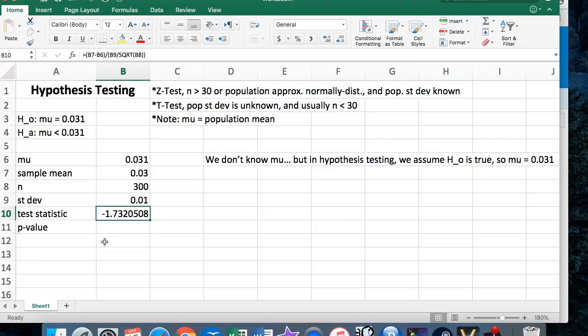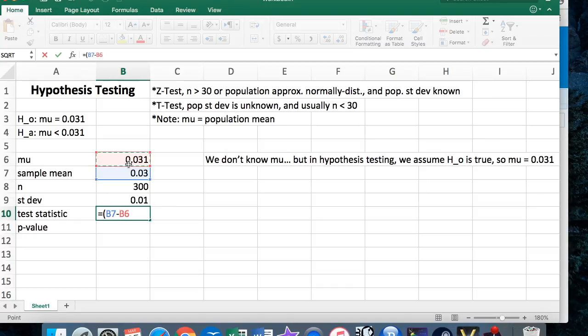And see right away, because I didn't delete my test statistic, and I have all this stuff typed out here, I only have to type out the equation for the test statistic once, and I get it automatically for free. But for the sake of repetition, let's go through this again. I need my sample mean. So first type in equals. Remember, you want to put the numerator in parentheses, because we have a subtraction.